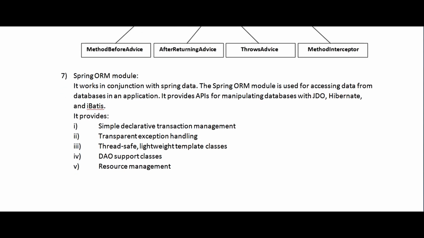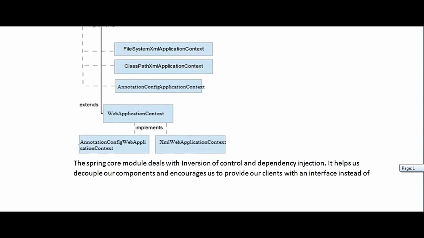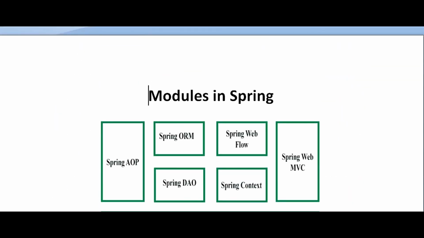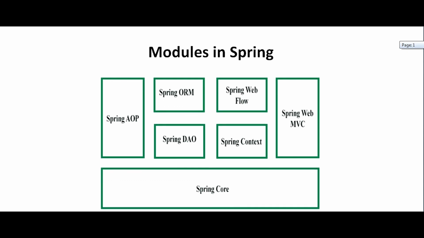So those are some of the modules that we have in Spring, and in our later chapters we'll see how each of these modules work. Until this chapter we have only talked about theory, but from the next chapter onwards we're going to see some code, and we're going to see how the Spring Core module works and what it is all about.